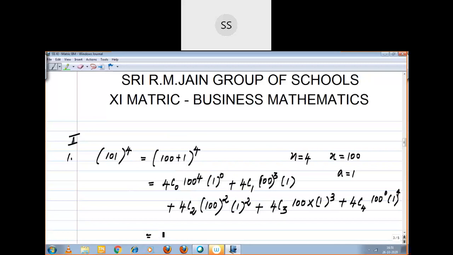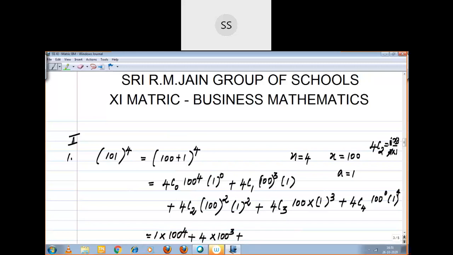Now 4c0 value, you know, 1. 1 into 100 power 4 plus 4 into 100 power 3.